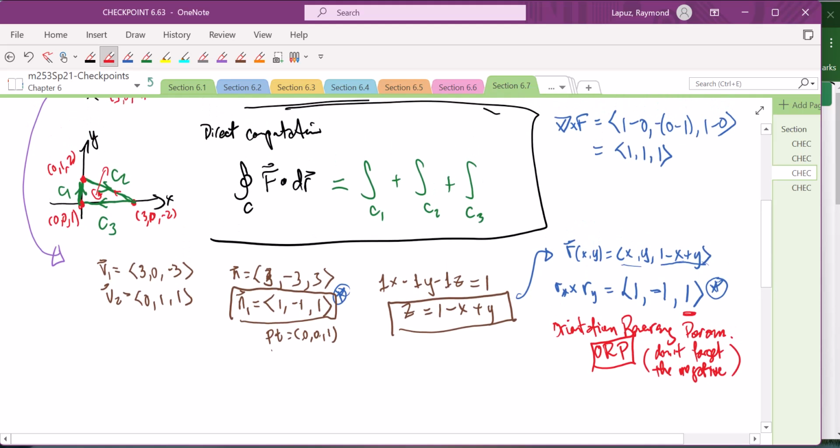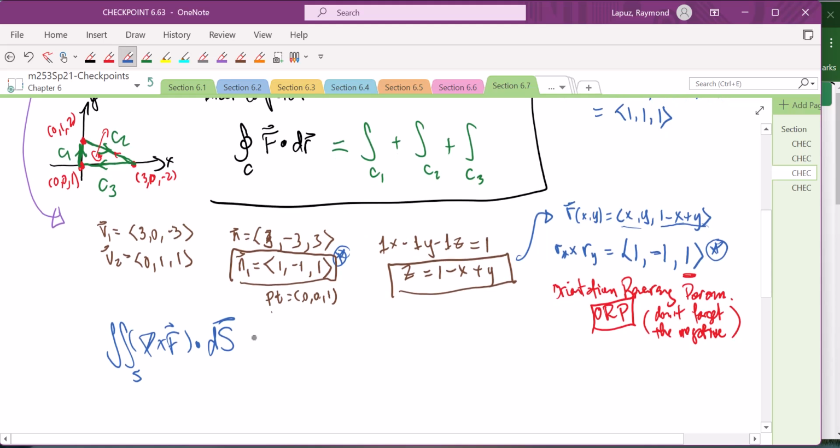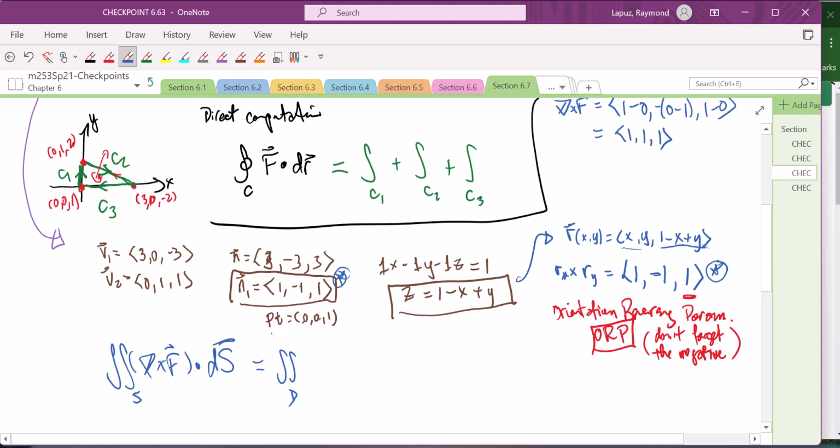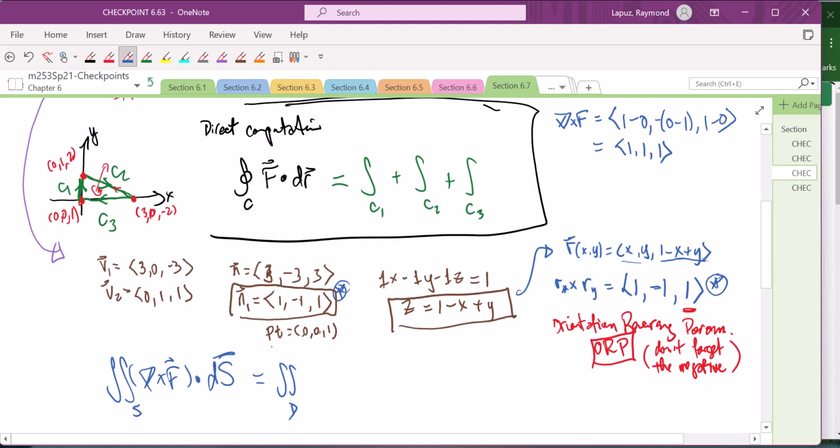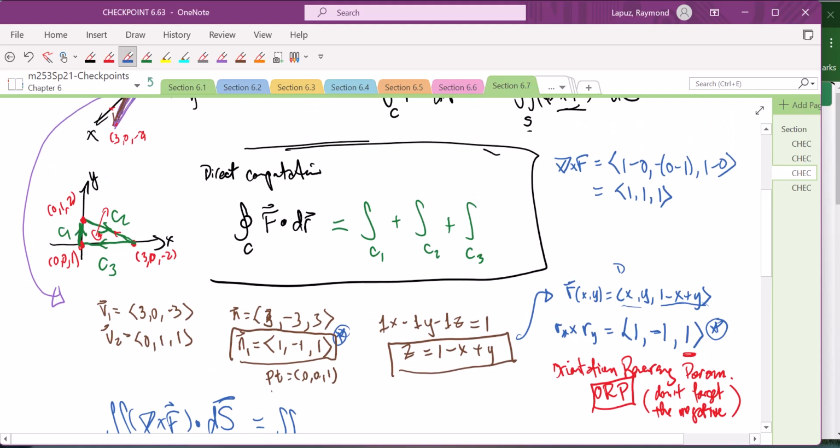All right, now let's get to the flux integral part. So the flux integral of the curl of f over the surface S will be equal to a double integral over the domain D. Oh, we parameterized this curve right here, so D is actually going to be back in this two-dimensional drawing.